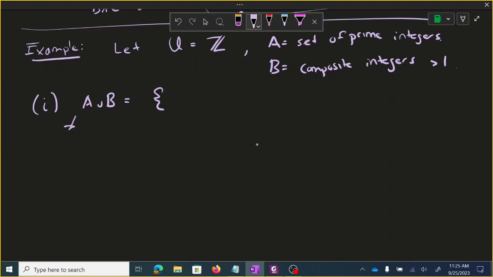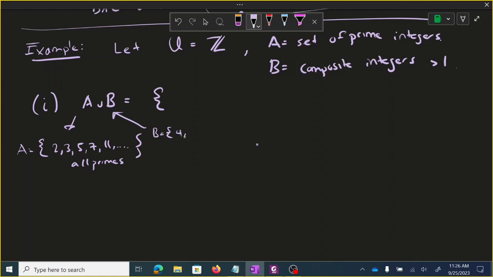So let's first write down what A is. So A is 2, 3, 5, 7, 11, and all primes. And then B, on the other hand, is all composites greater than 1.